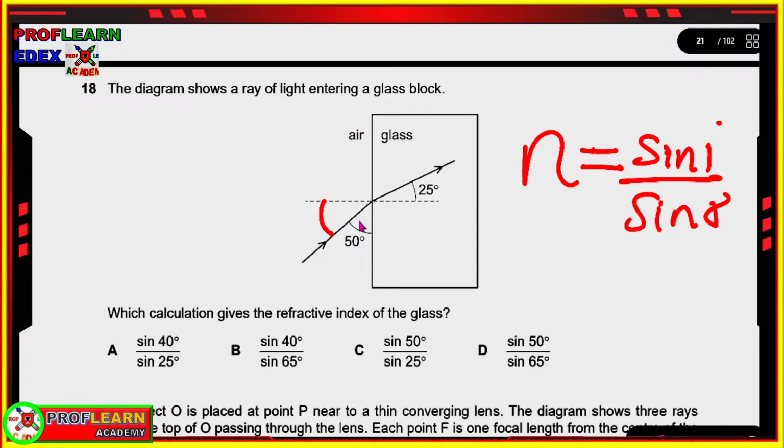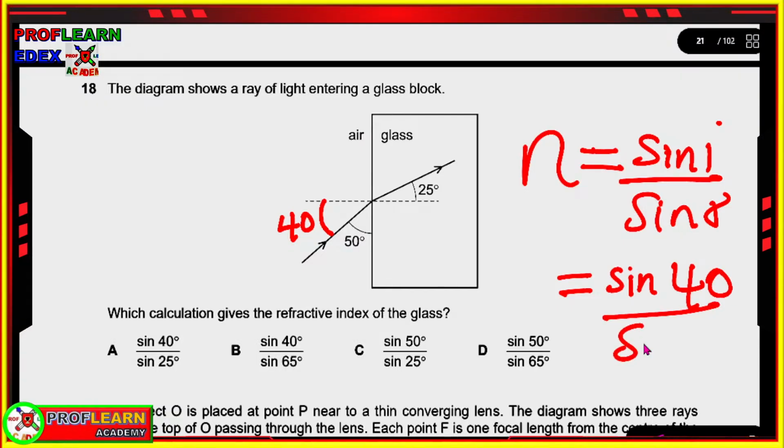So this has to be 90 minus 50, and this should be 40. So the correct answer would be sine 40 over sine 25. So the correct answer for that is A.